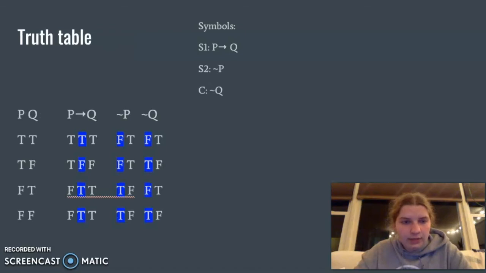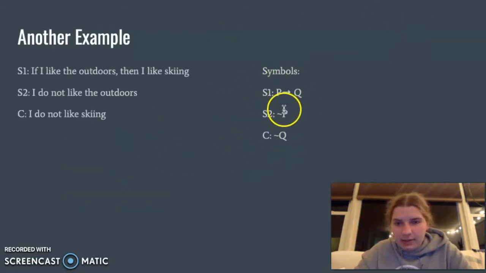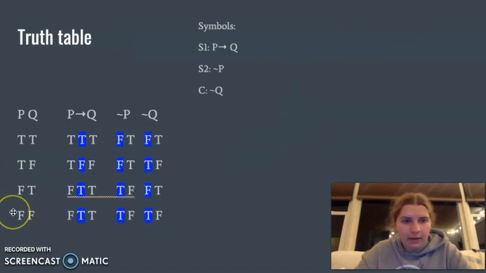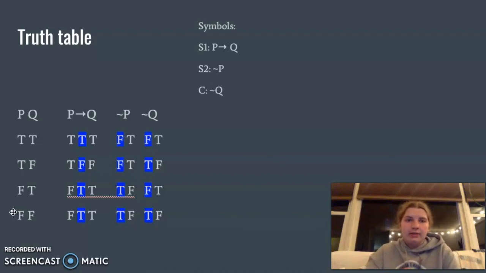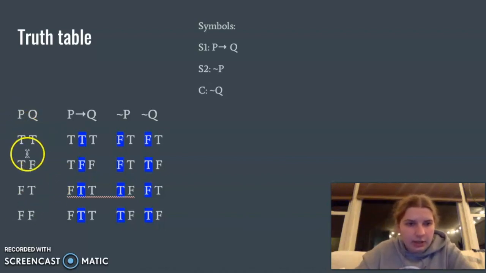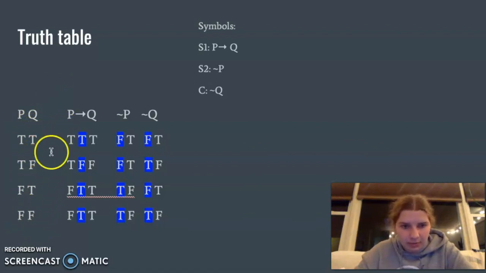So a truth table for this. The symbols are S1, P conditional Q, S2, negation P, and the conclusion is negation Q. Let's look at the truth table. I wrote P as true, true, false, false, and Q as true, false, true, false. Remember, think about there being a line here.